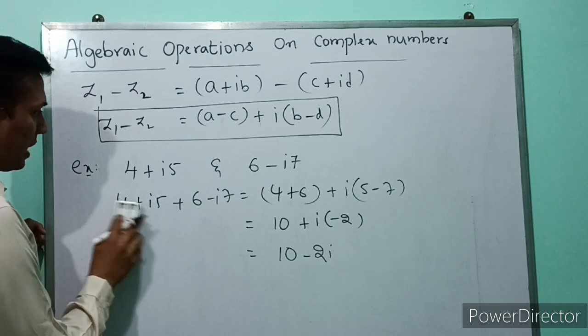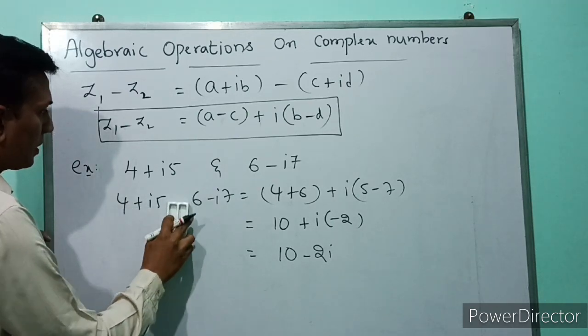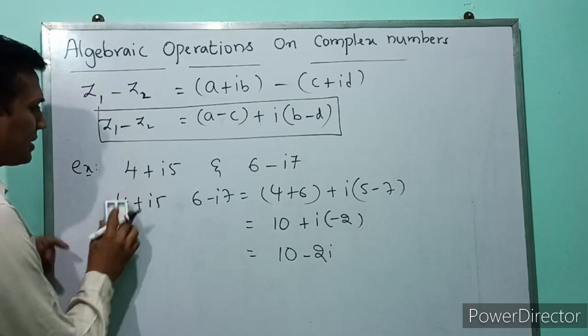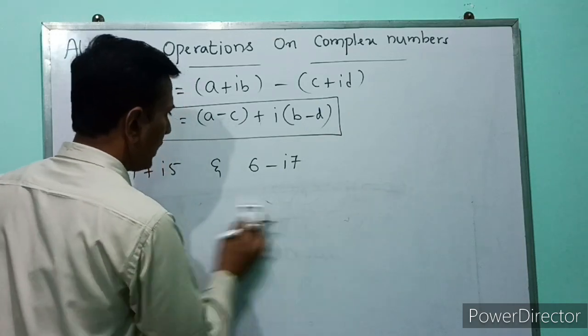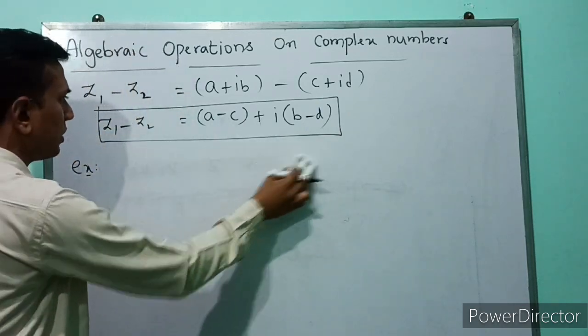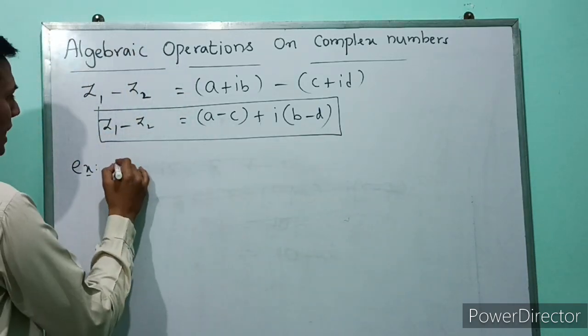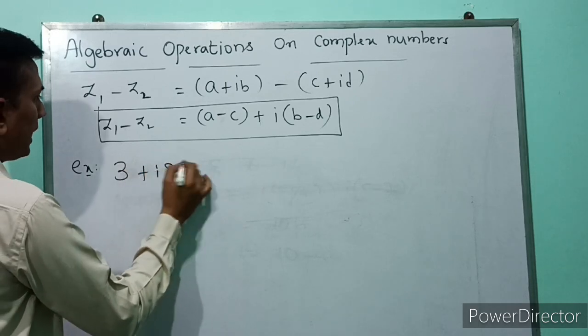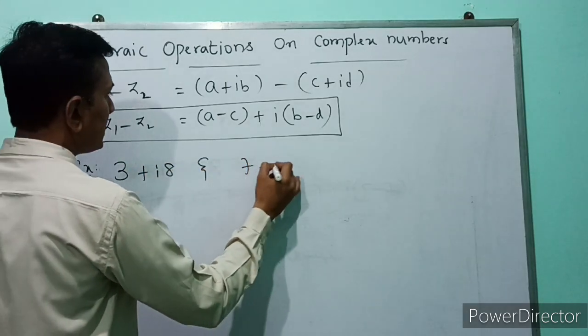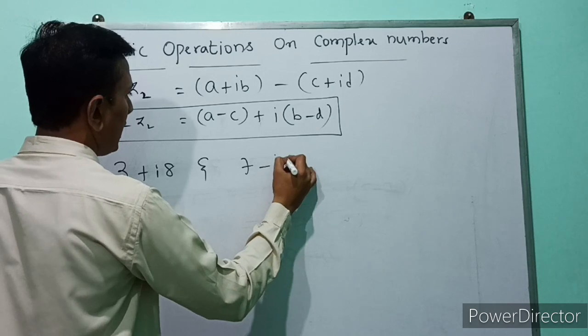Let us take another example: 3 plus i8 and 7 minus i9.